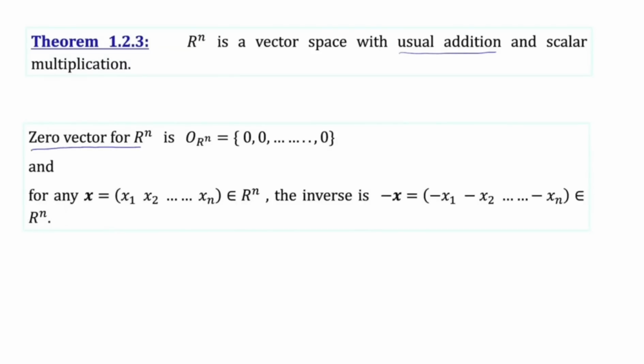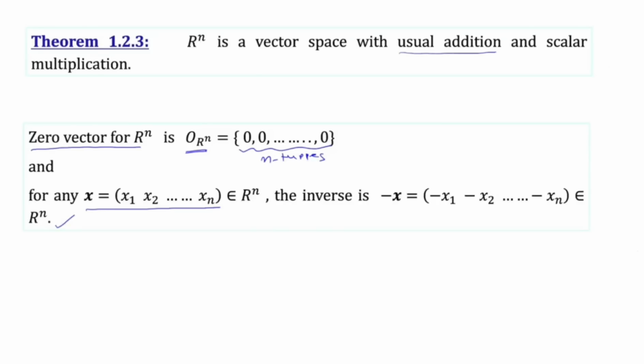Okay, so now the question is, if it is a vector space, then what is the zero of Rn? The zero of Rn is given as 0_Rn, which is equal to (0, 0, ..., 0), that means n entries of 0. And the inverse of this: for any x belonging to Rn, the inverse will be the negative of that vector.